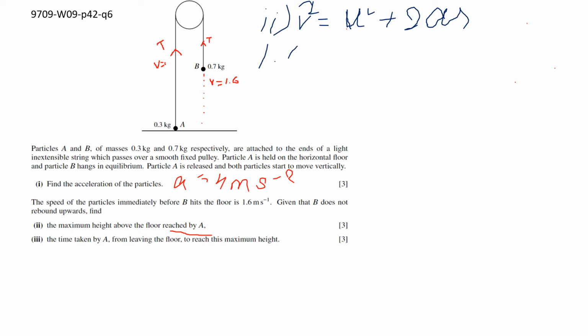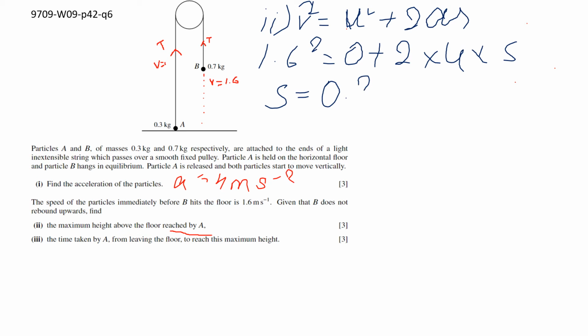So we have 1.6 squared equals 0 plus 2 times 4 into s. So you'll get 0.32 meter. So this s is here.